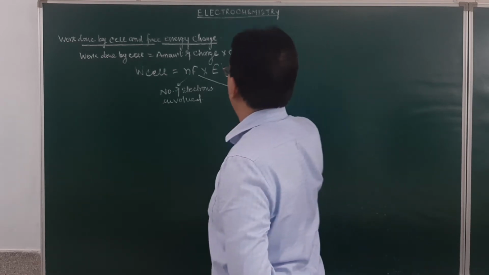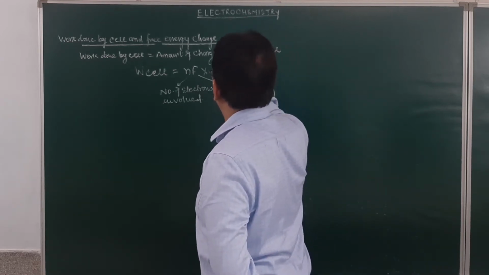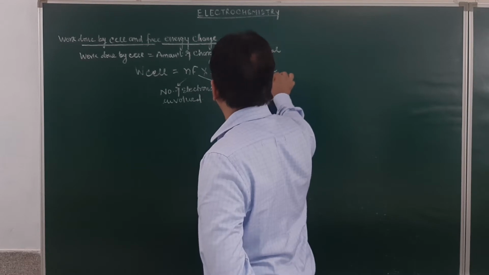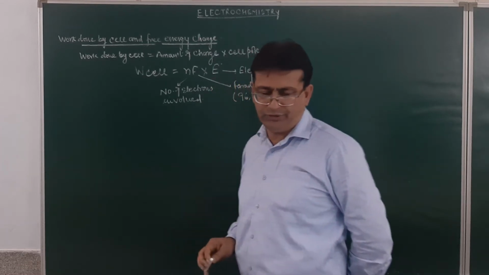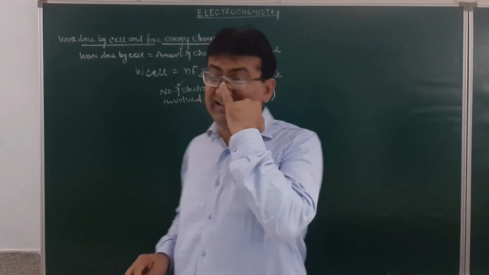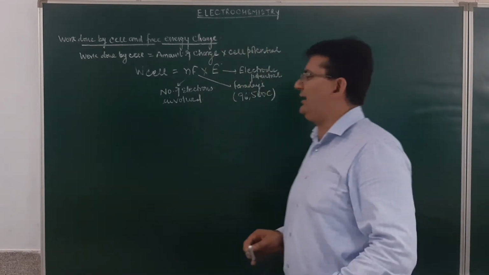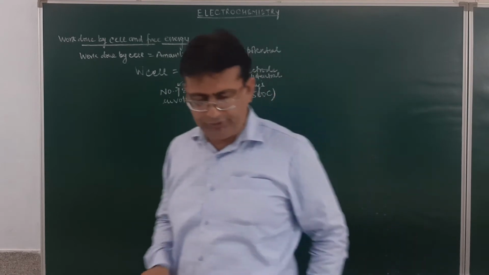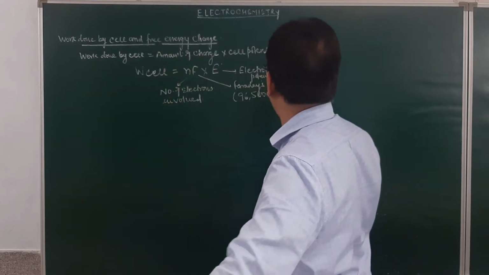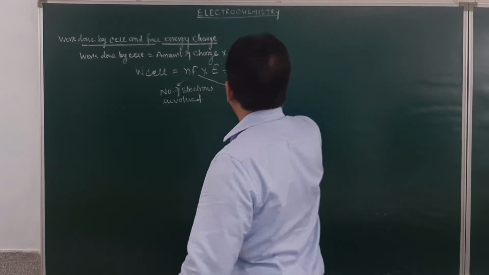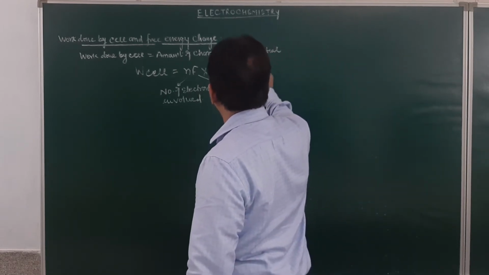And E over here will be a potential which is known as the cell potential. So, work done by the cell will be equal to the number of electrons involved, Faradays of charge and the cell potential. I must say over here, not the electrode potential, this is a cell potential.